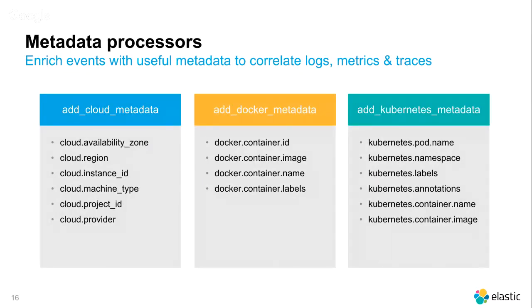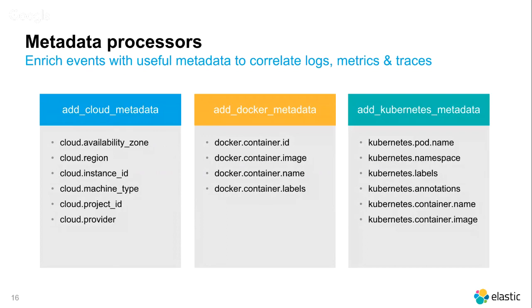Then something really important when you are getting information from containers and monitoring them is metadata. When you are monitoring things that are so volatile, you need extra information to understand the context of the information you are seeing. Let me put an example.